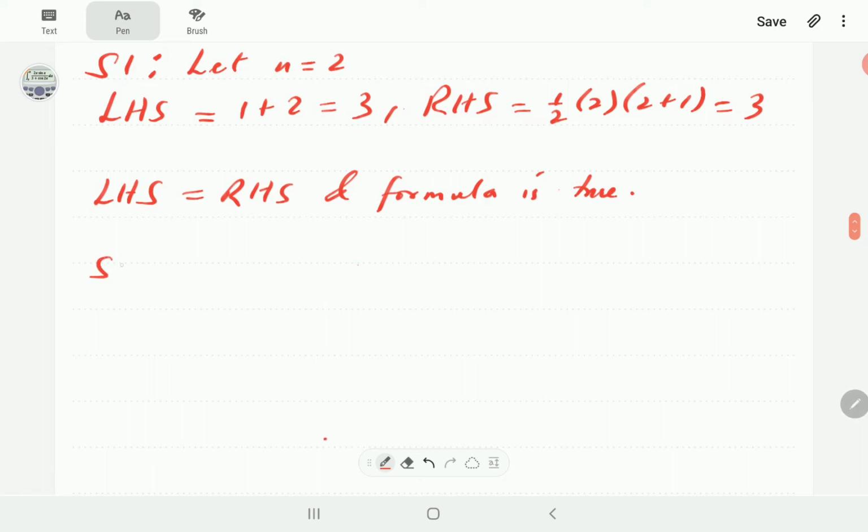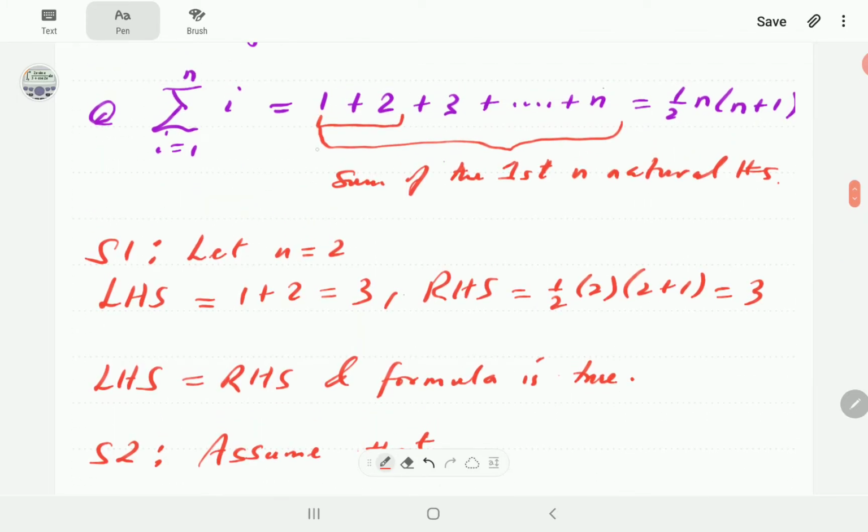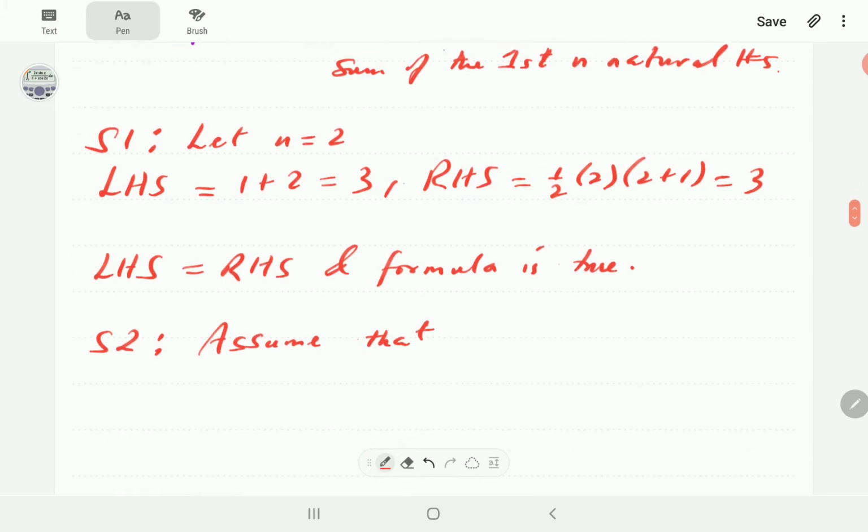Then step 2, which is the inductive hypothesis, we are going to assume that the formula is true for n equals k. And so what we do here is simply rewrite this formula, and for every n we plug in k.